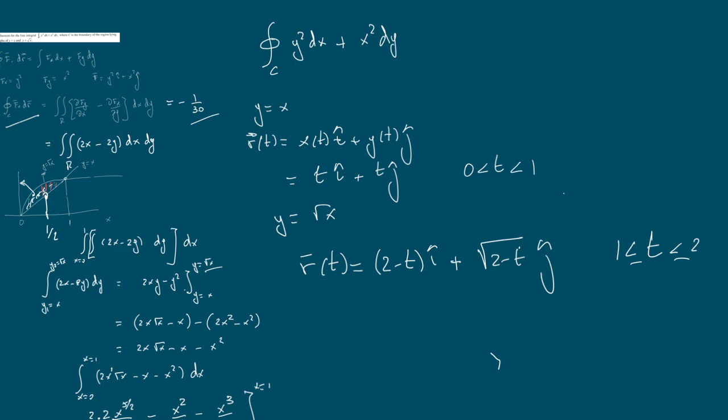When t equals 2, this is 0, this is 0, so I'm coming back to the origin. When t equals 3/2, I'm here. The x will be 2 minus 3/2, that is 1/2, and the y will be the square root of 2 minus 3/2, which is 1/2, so it will be the square root of 1 divided by 2.